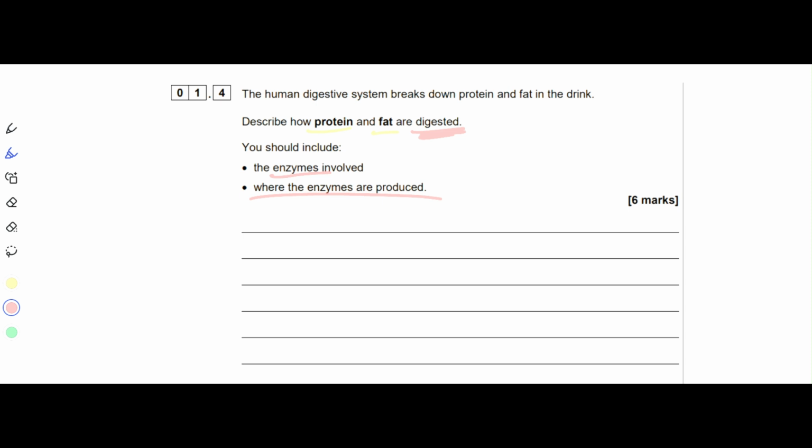I'm going to say that protein is broken down by an enzyme called protease. If you also have a go at this and then have a look at the answer as I'm doing it.